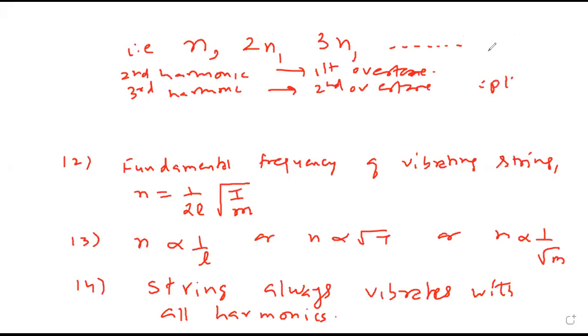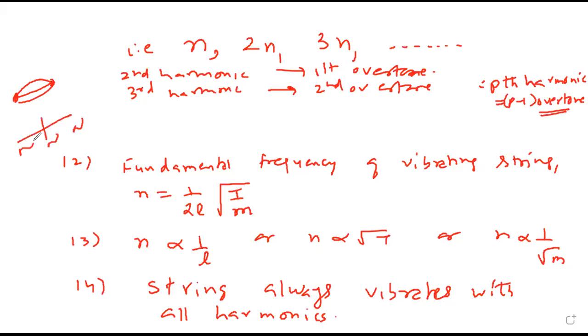Therefore, pth harmonic equals p minus 1 overtone. Overtone means extra node as compared to basic mode. Like if it is vibrating with 2 nodes, this is basic. Then when an extra node comes, it is called first overtone. 2 extra nodes come, second overtone, and so on.